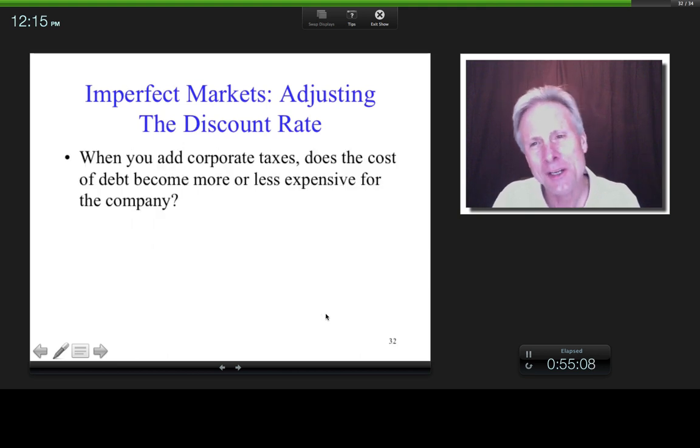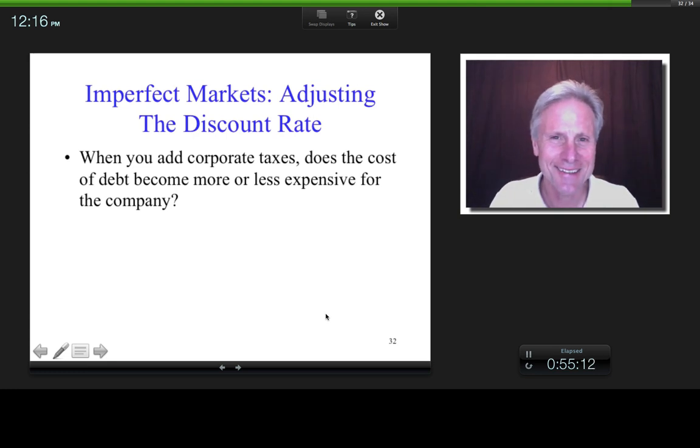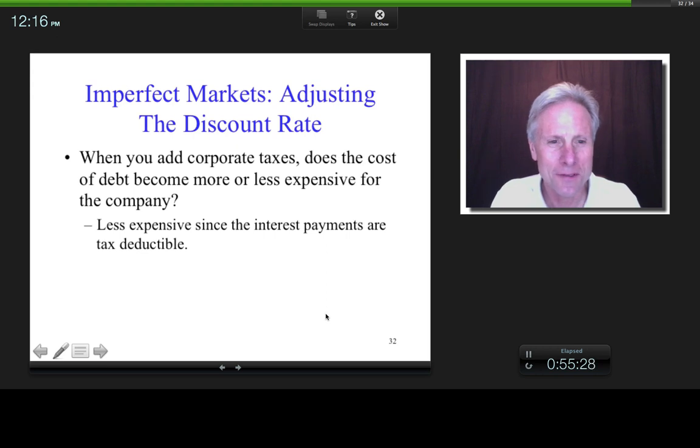But now let's add in corporate taxes. When it comes to debt, is the government picking up part of the tab for the cost of debt? They are, right? And why is that? Well, because interest payments are tax deductible.